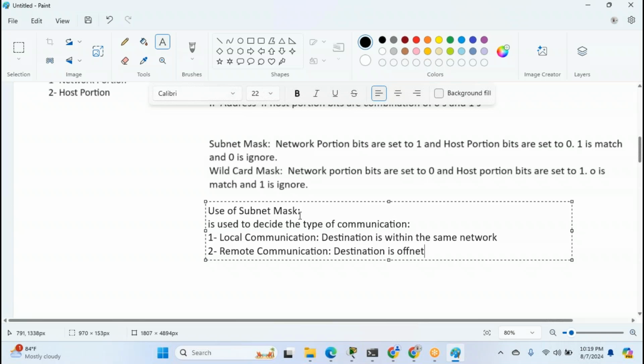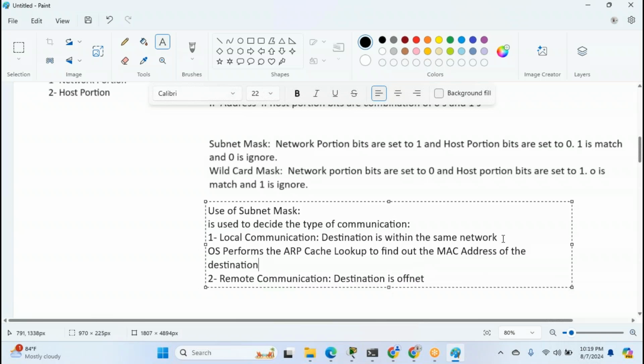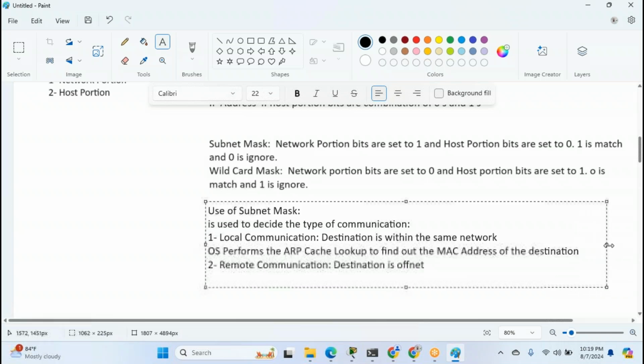If the communication is local, the OS performs an ARP cache lookup to find the MAC address of the destination. If the ARP cache lookup fails, it sends an ARP request and gets an ARP reply.